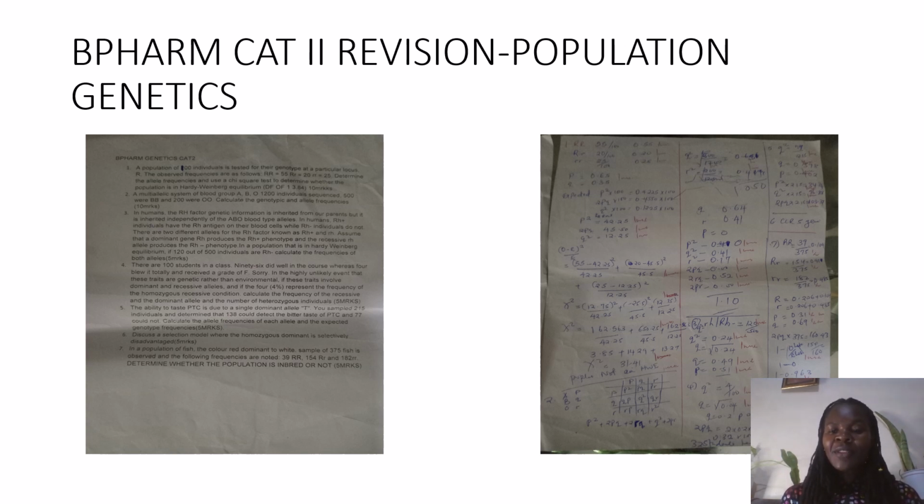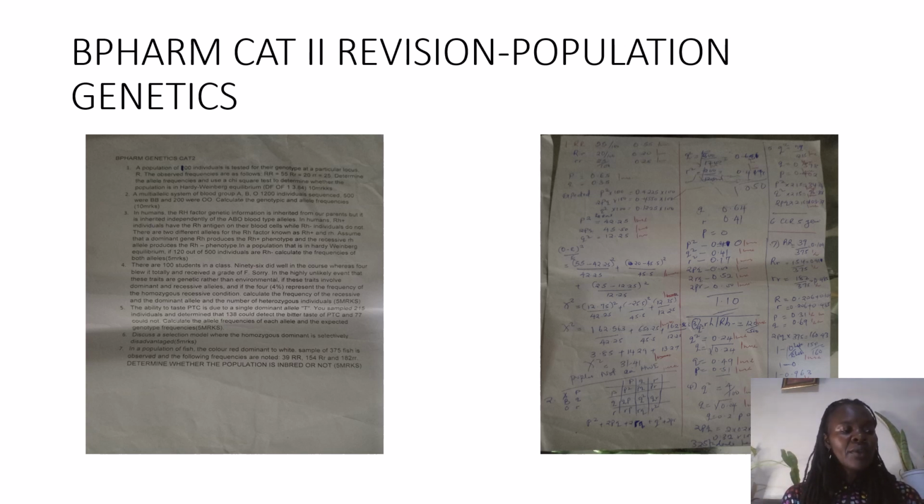Some students were thinking of just getting the division answer and then trying to put it to 1. That one doesn't work. You have to get the square root of the individual alleles, which are the values that have been given.